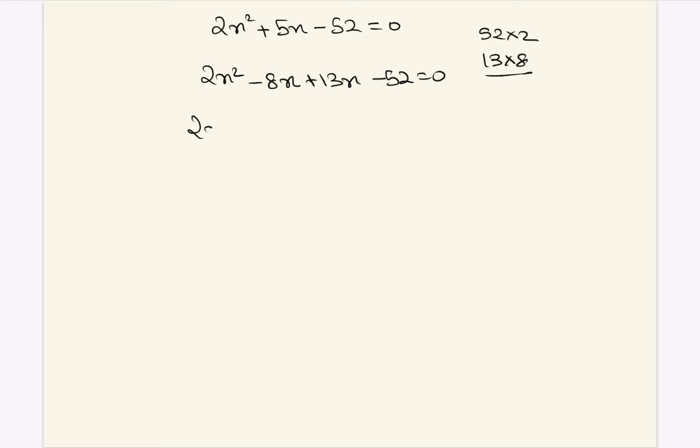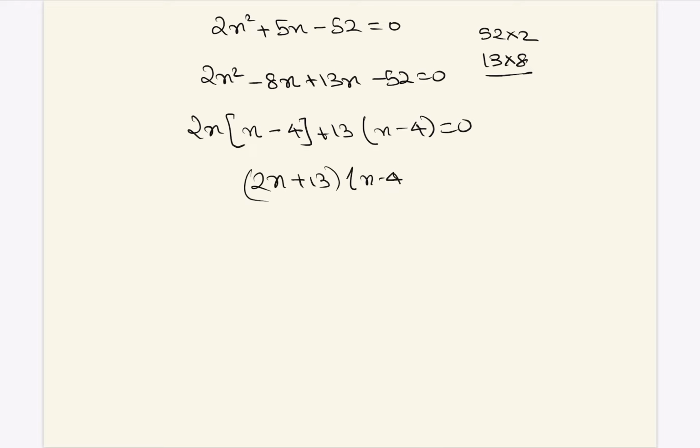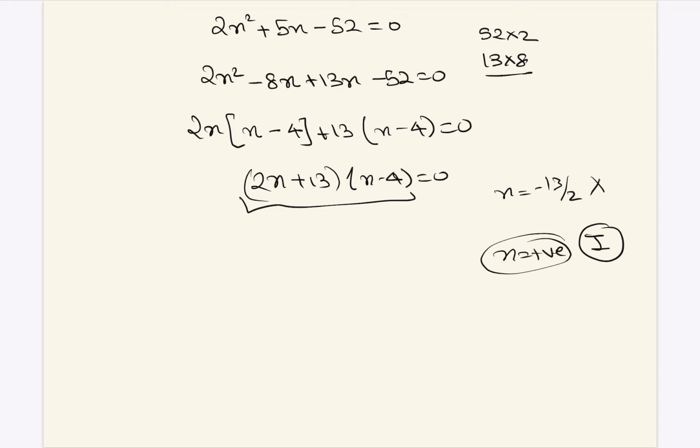To factorize this further, 2x we can take common, so this becomes x minus 4, plus 13 we take common, x minus 4. Hence we get 2x plus 13 and x minus 4 equal to 0. Now these are the two solutions, but x equal to minus 13 by 2 is not a solution, because we are just considering the first intersection in the first quadrant. So x has to be positive. Hence the value we will consider is x equal to 4.